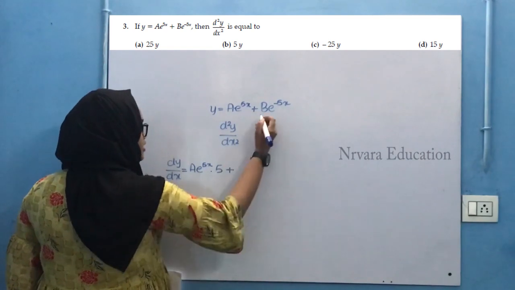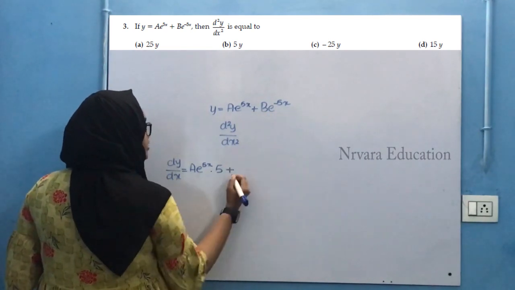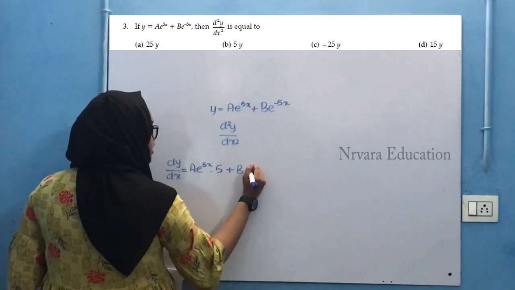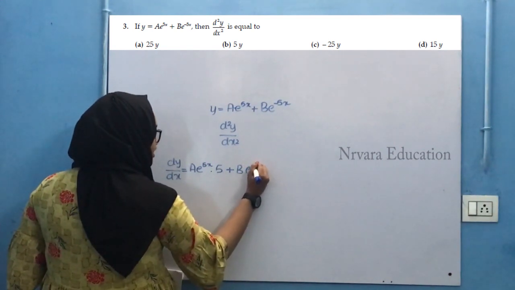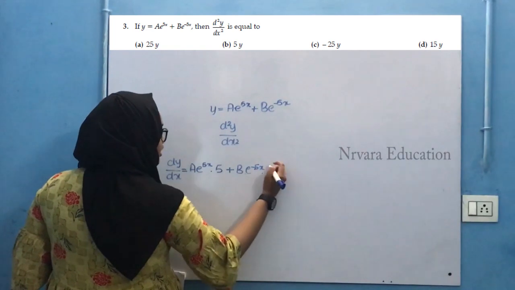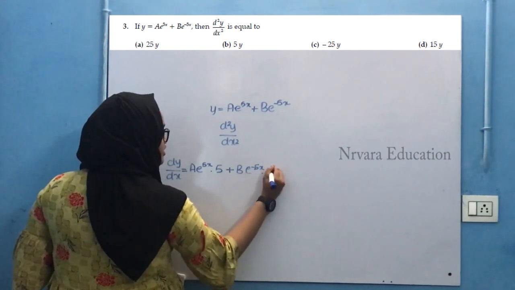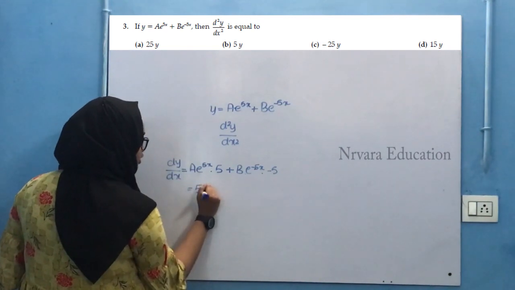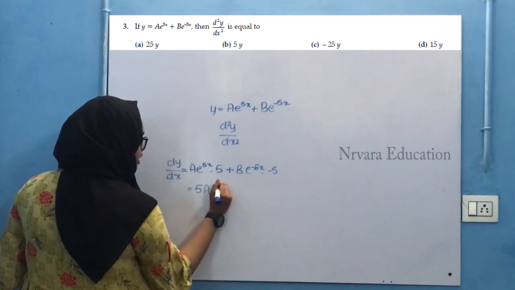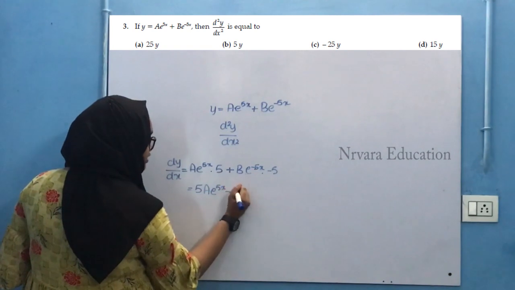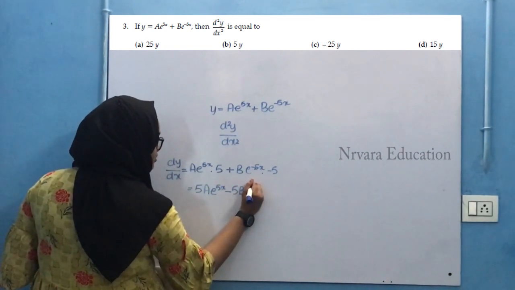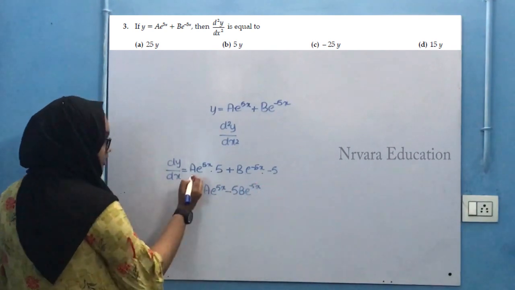Now plus, b is a constant, and e raised to minus 5x will remain the same, into the differentiation of the power, which is minus 5. So we get 5 into a into e raised to 5x minus 5 into b into e raised to minus 5x. This is our first differential.